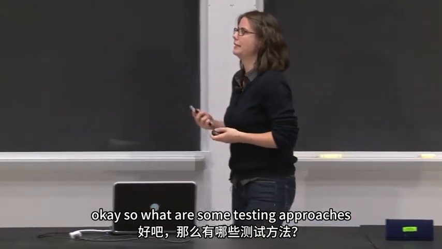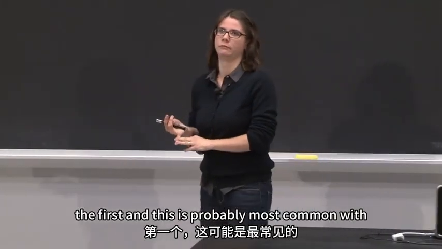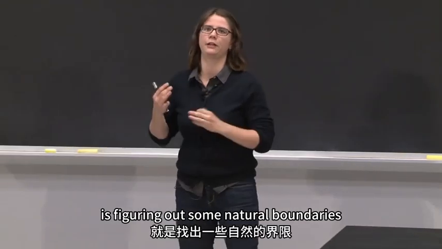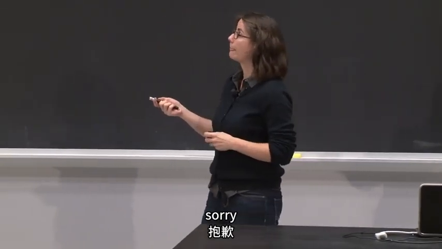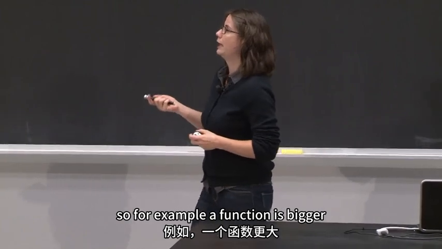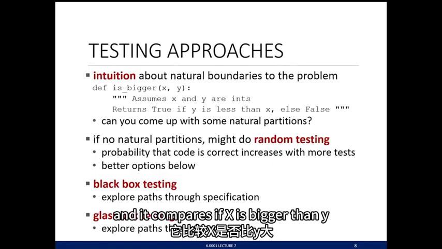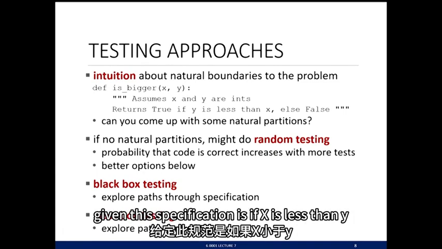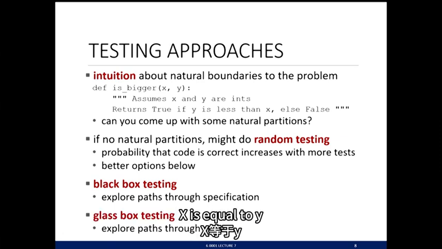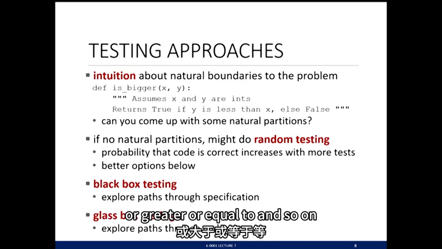Okay, so what are some testing approaches? The first, and this is probably most common with programs that involve numbers, is figuring out some natural boundaries for the program. So for example, if I have a function is_bigger, and it compares if x is bigger than y, then some natural boundaries given this specification are: x is less than y, x is greater than y, x is equal to y, maybe throw in less than or equal to, or greater than or equal to, and so on.